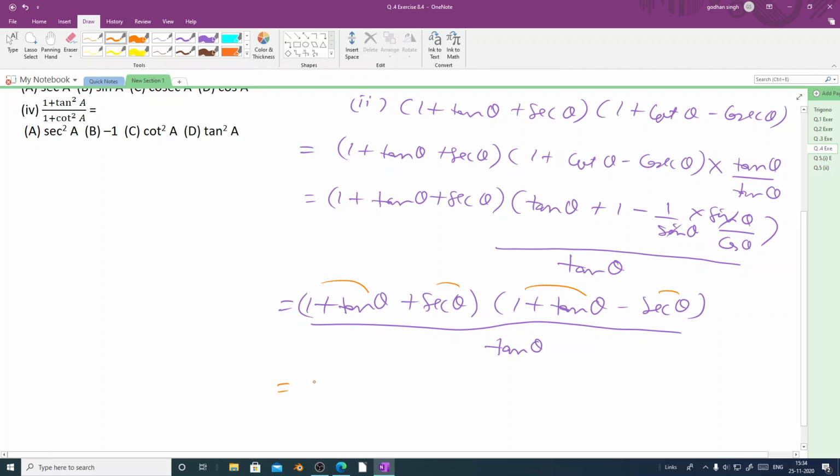So this can be written as a plus b into a minus b, that is a square minus b square. So definitely it will be square here. And minus, we can write here sec theta, that is sec square theta, over tan theta.